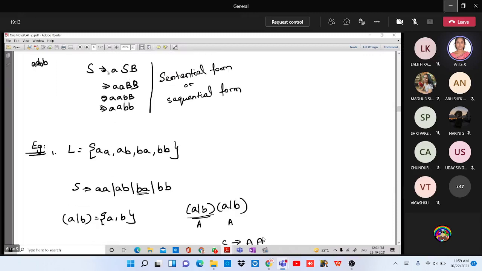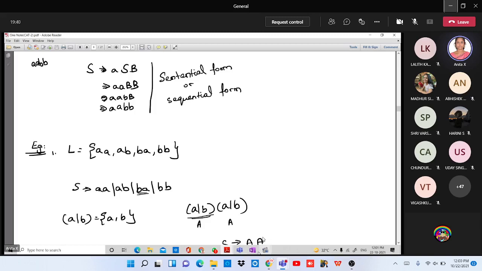So this is the leftmost term and this is the rightmost term. Okay, so if I am reducing from the leftmost non-terminal, so this is the leftmost term, right? This leftmost term I am reducing, so this is leftmost derivation. If I am proceeding in this way, this is rightmost derivation. So please see the difference over here.